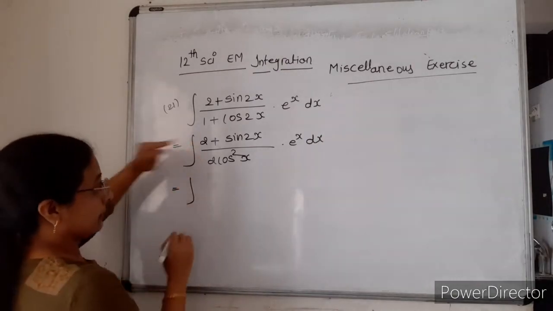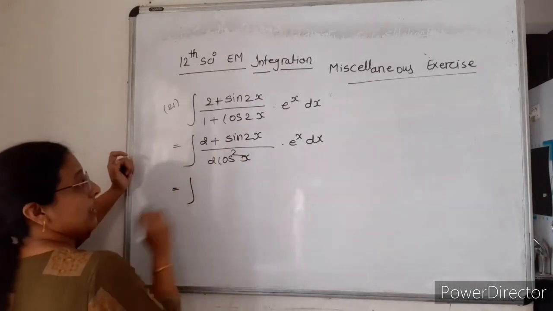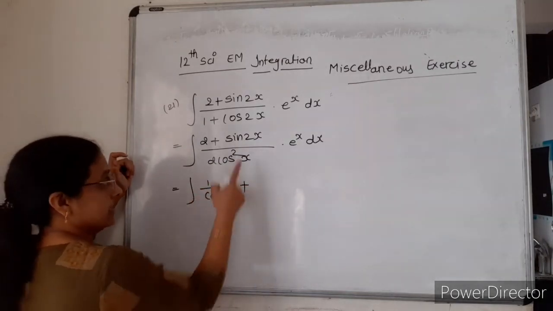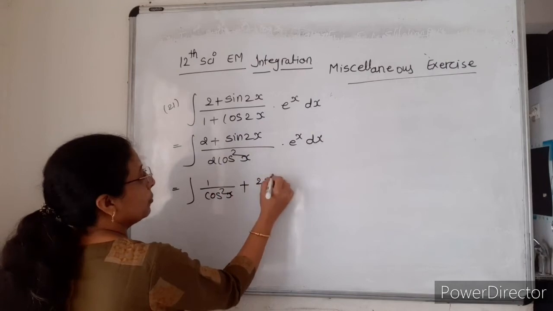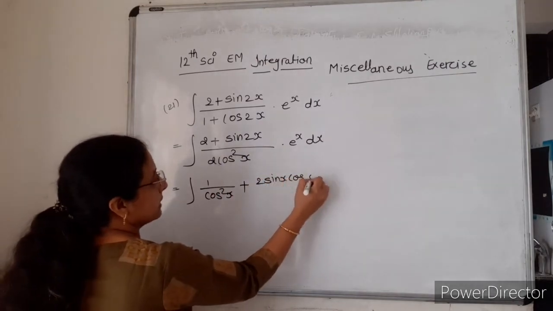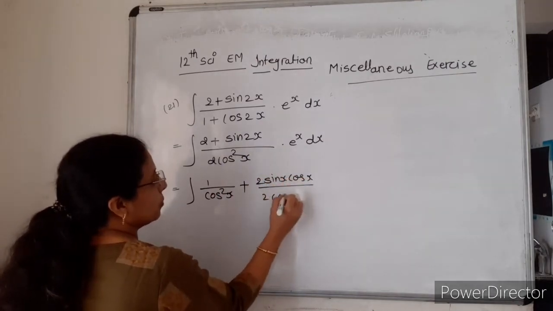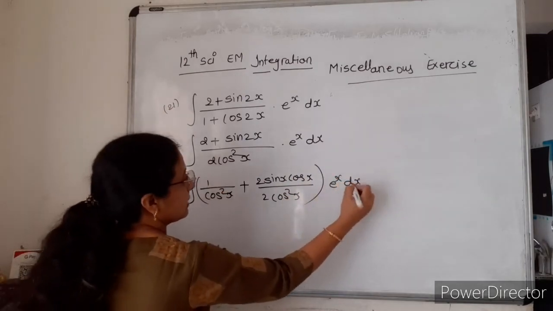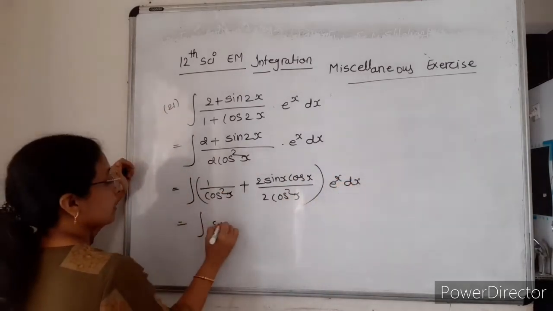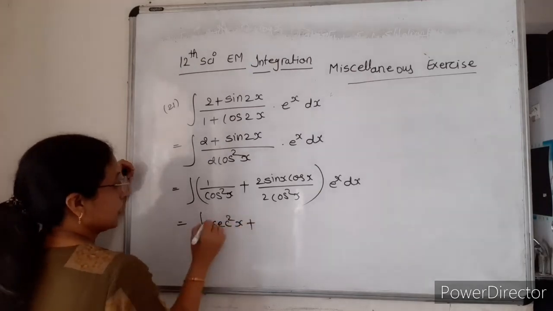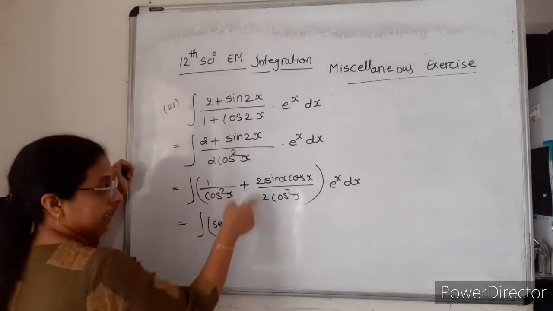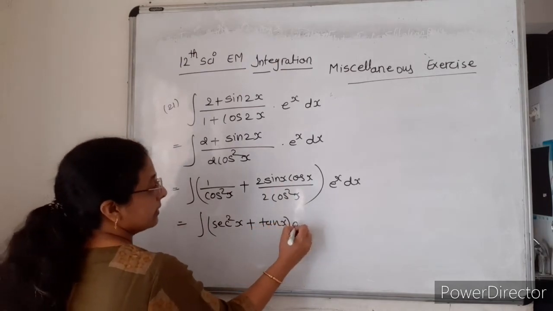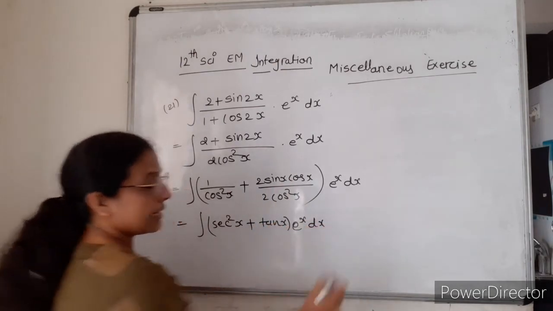Now I will take the separate denominator, that is 1 upon cos square x plus, here is 2 sin x cos x upon 2 cos square x e raised to x dx, that is sec square x plus, here 2 cancel, here also 2 cancel, when cos is cancelled, that is tan x e raised to x dx.